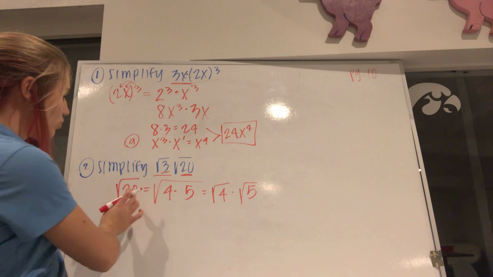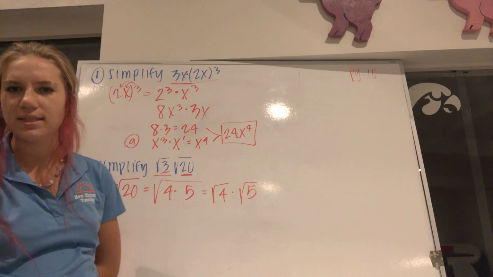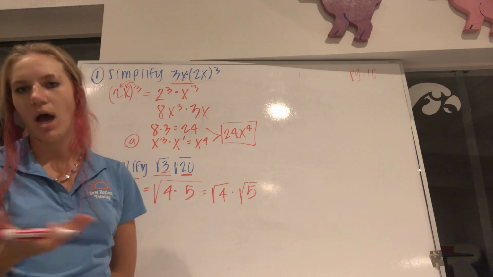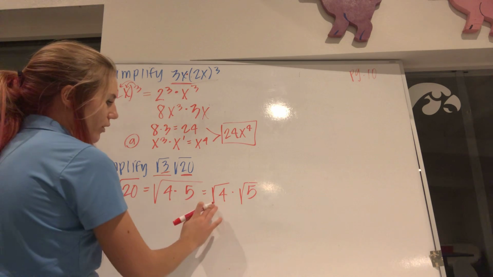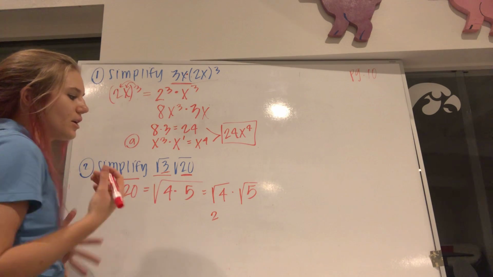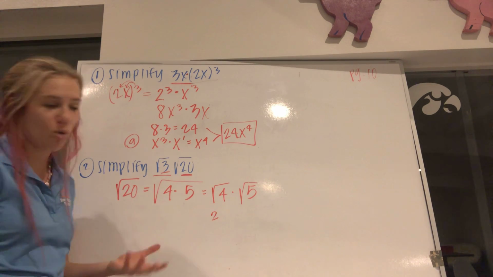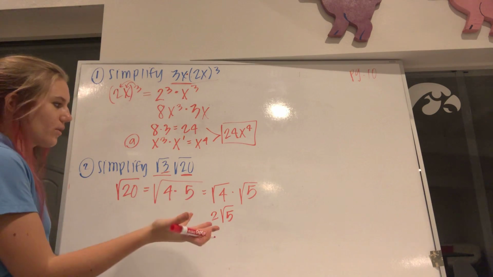And obviously, if you recognize it just from the square root of 20, you don't have to go through these intermediate steps, but that's kind of the reasoning behind what we're doing. So like I said before, the square root of 4 is really just going to be 2, and we can't simplify down the square root of 5 anymore. So it's just the square root of 5.